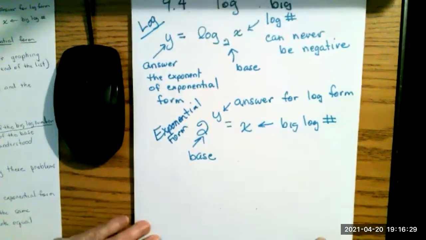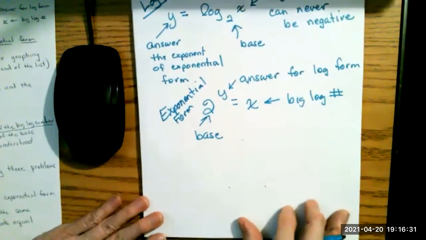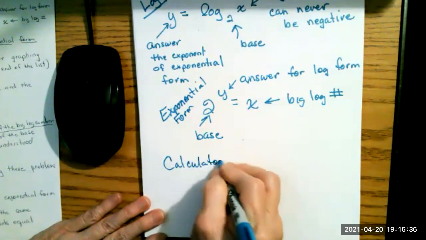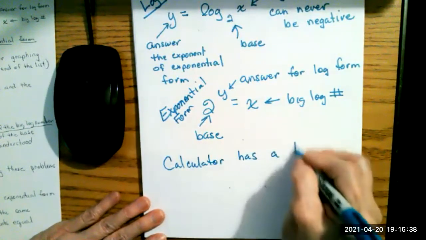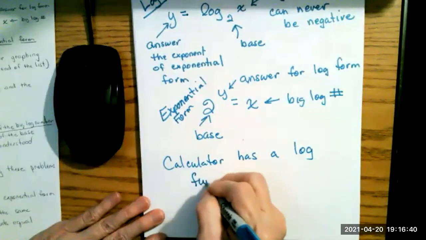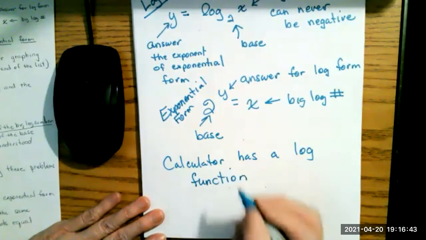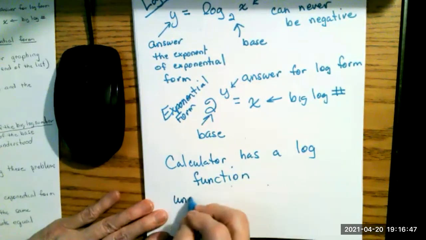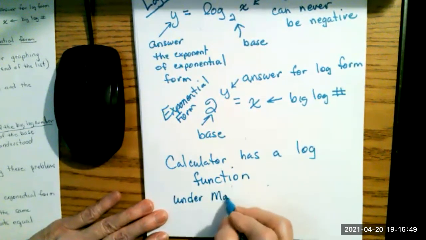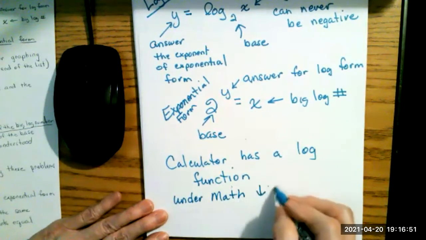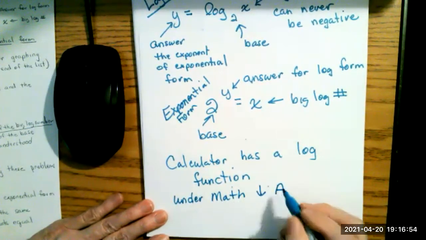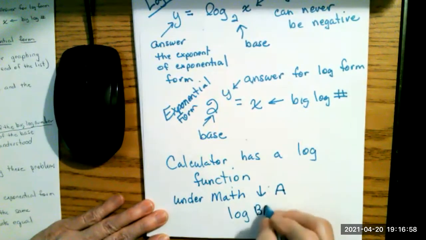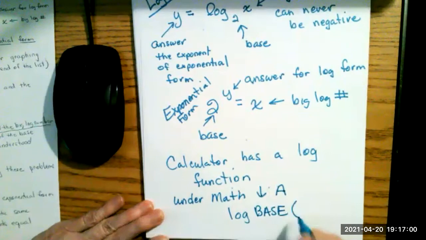Now, your calculator does way too much work for you. It has a log function, and we're going to learn to do these on your calculator and by hand too. It's under math. You go down, way down, almost to the end of the list, and you're finding log with capital B-A-S-E and a parenthesis.